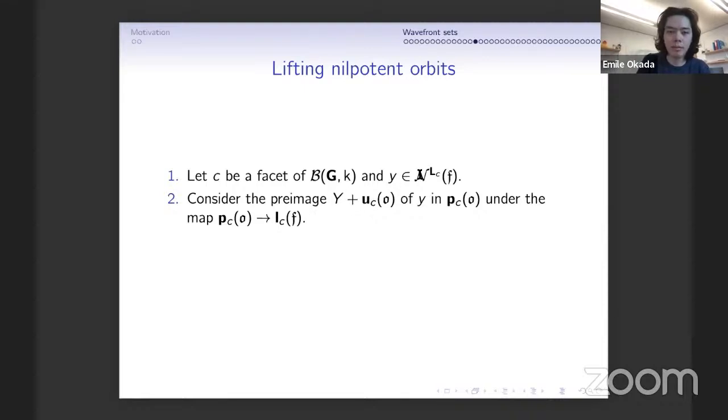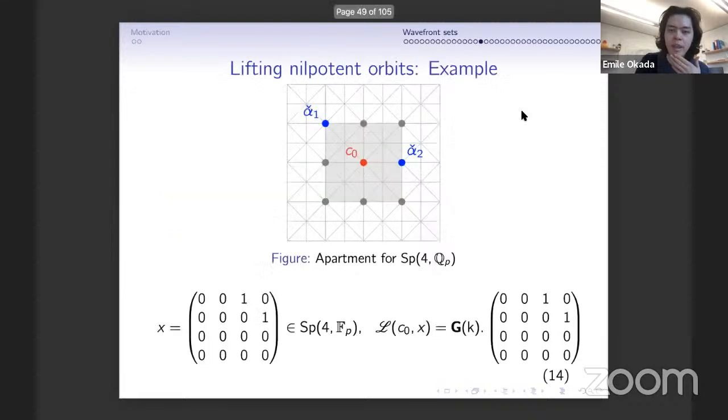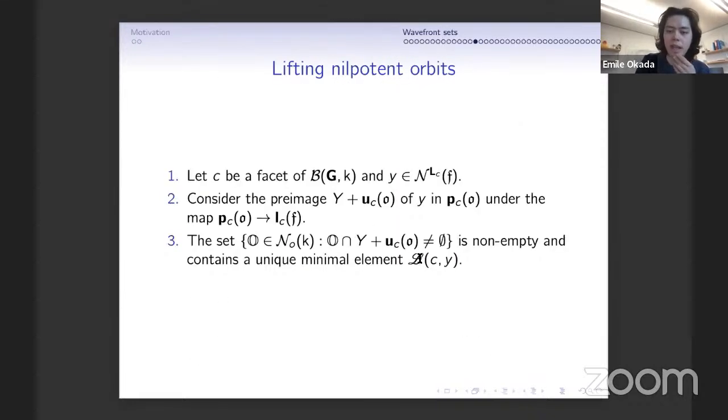This is some coset. And then a theorem of Barbasch, Moy, and DeBacker states that there is a nilpotent orbit which intersects this coset, and in fact there's a unique minimal one. So remember this partial ordering on the nilpotent orbits. And we define this unique minimal element to be the lift of y, and we denote it by L_C of y.